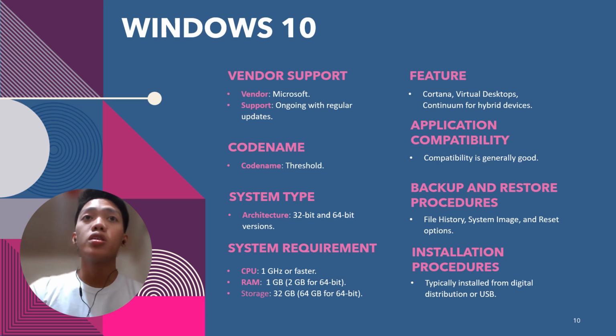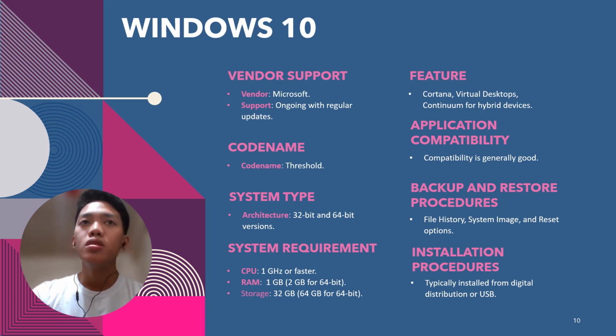Features: Cortana, Virtual Desktops, Continuum for hybrid devices. Features like Cortana and Virtual Desktops catered to enhance productivity, while Continuum aimed to seamlessly adapt the user interface based on device type. Application compatibility.